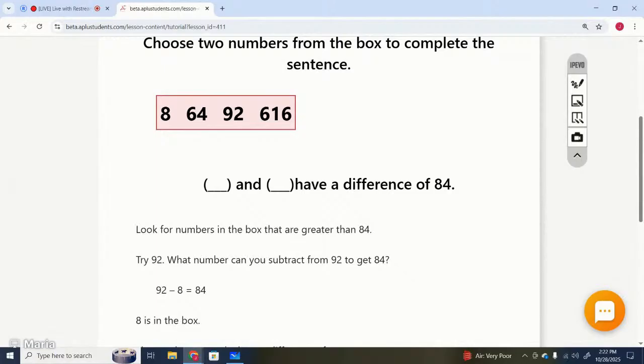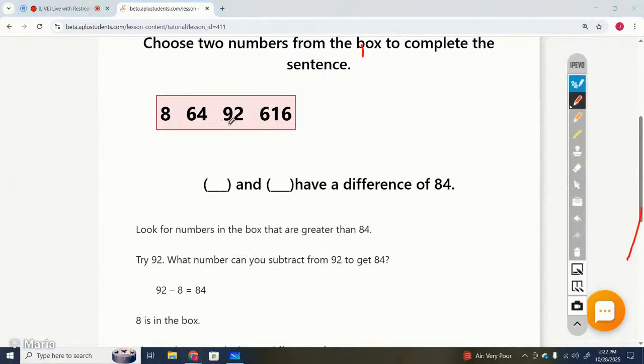So, which two numbers have the difference 84? 92 minus 8 have the difference 84.